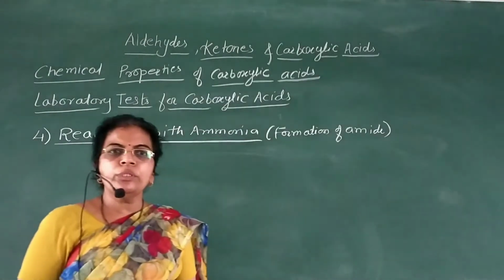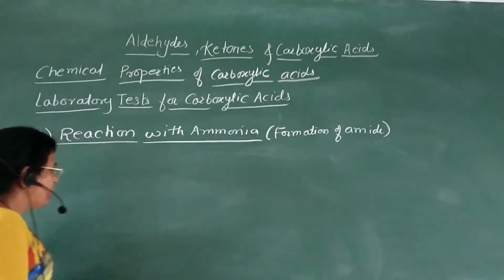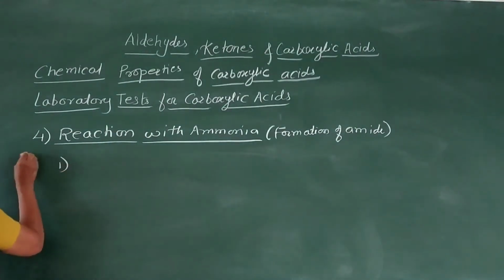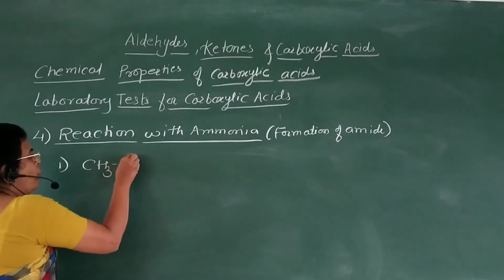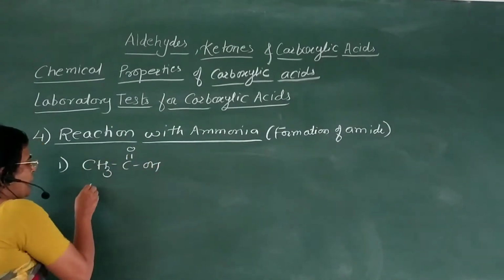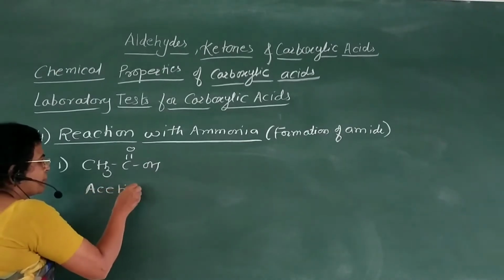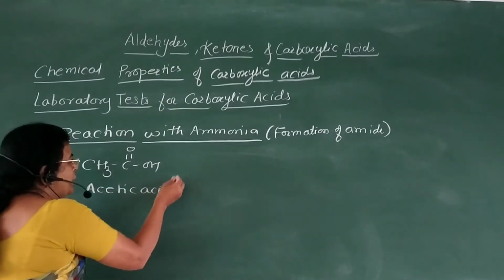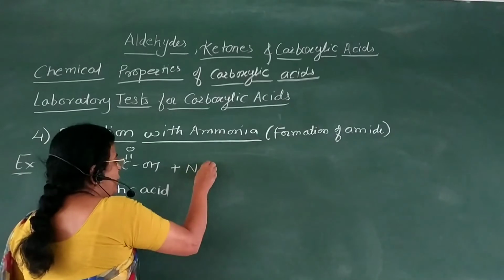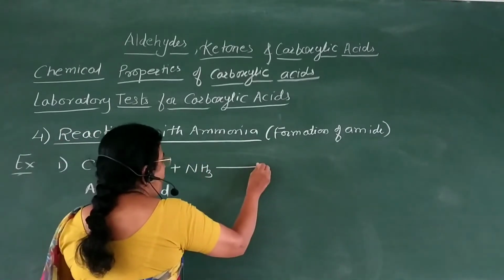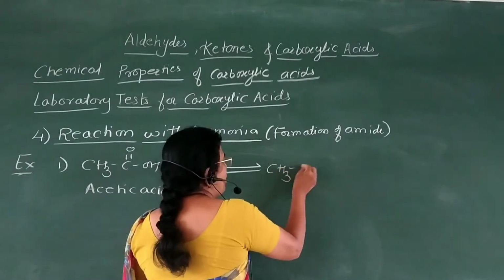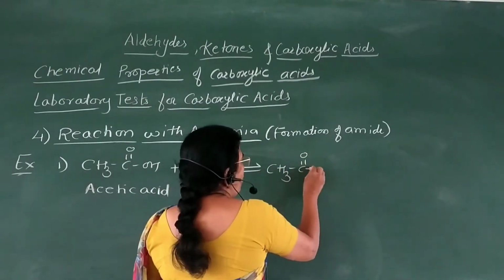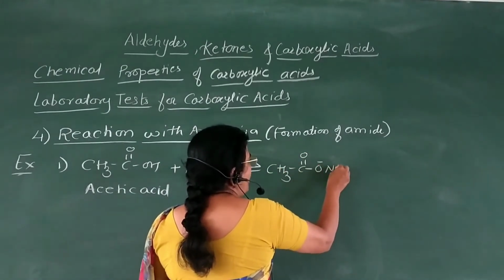Now we are going to see some examples. First one, CH3 C double bond O OH. This is acetic acid. And when this compound is treated with ammonia, then formation of CH3 C double bond O O minus NH4 plus takes place.